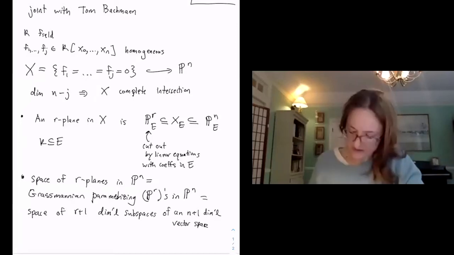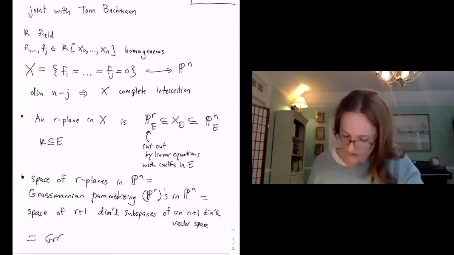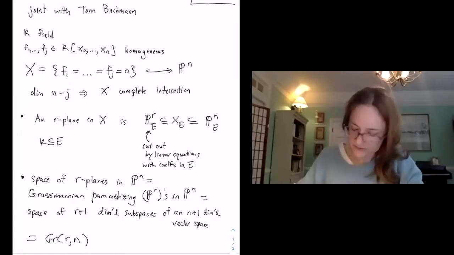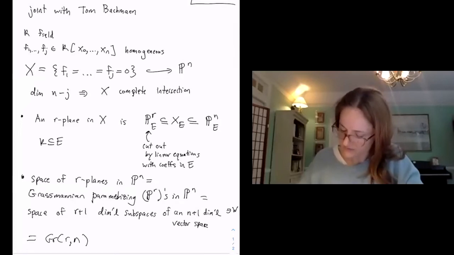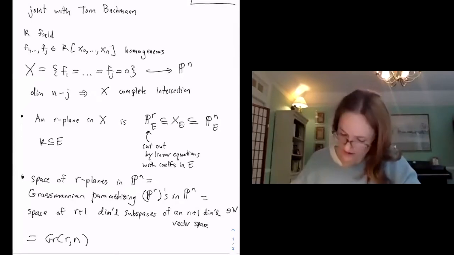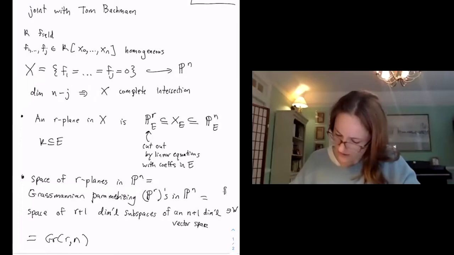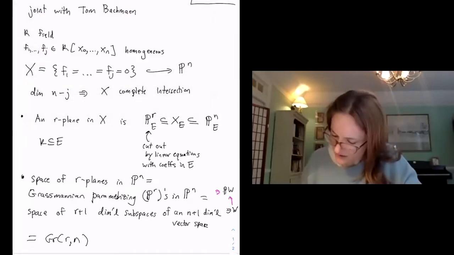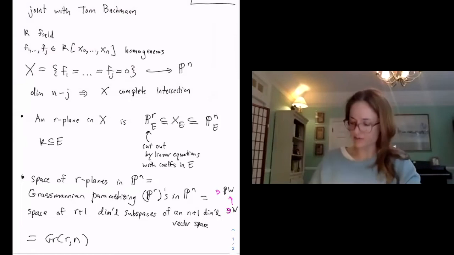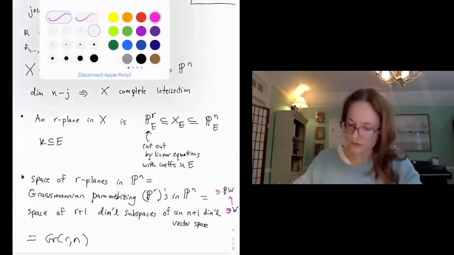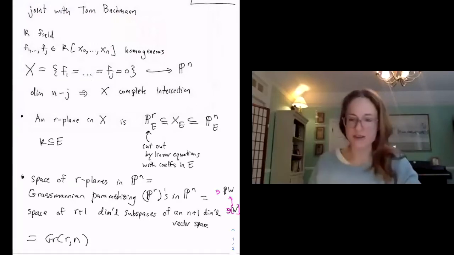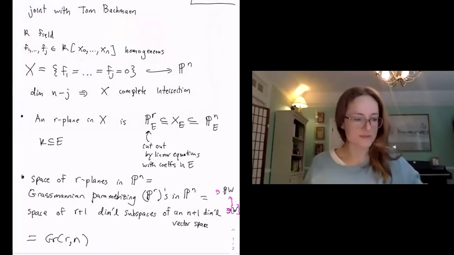And we've got some different choices for notation for this, but let's go with G(r, n). And here, if we have a subspace W, we can take its projectivization and we get a P^r. The subspace W, a point in this Grassmannian, goes to its projectivization.